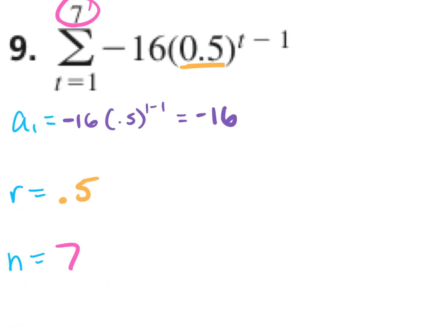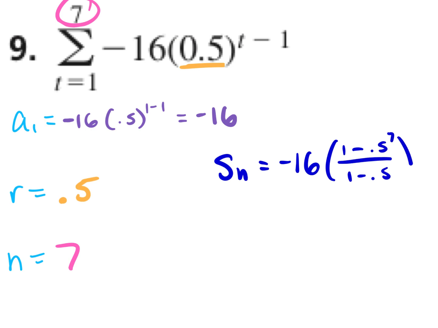So let's plug everything into our formula. The sum is going to be negative 16 times 1 minus 0.5 to the power of 7 over 1 minus 0.5. So here, we're going to do the same order of operations. We're going to do the exponent first.